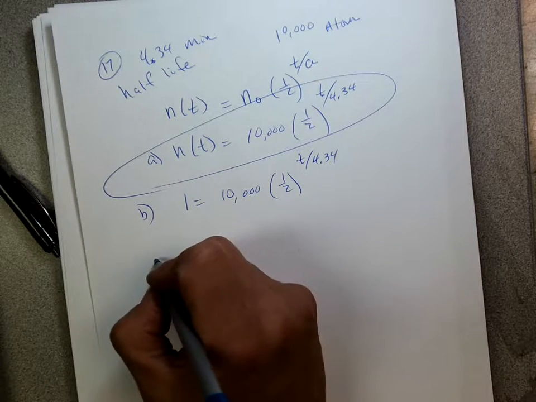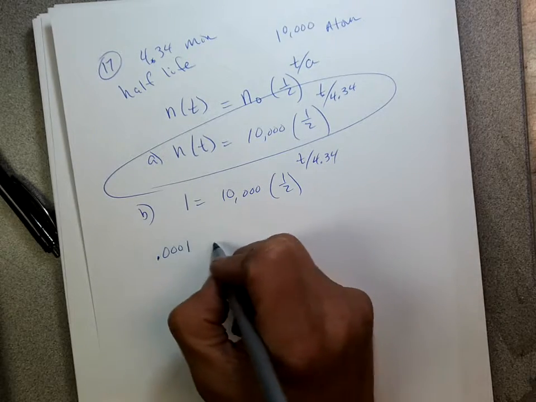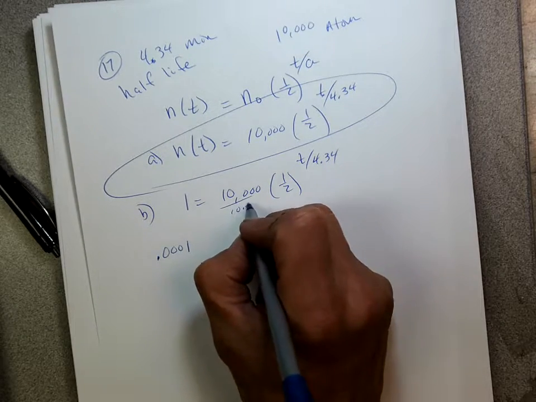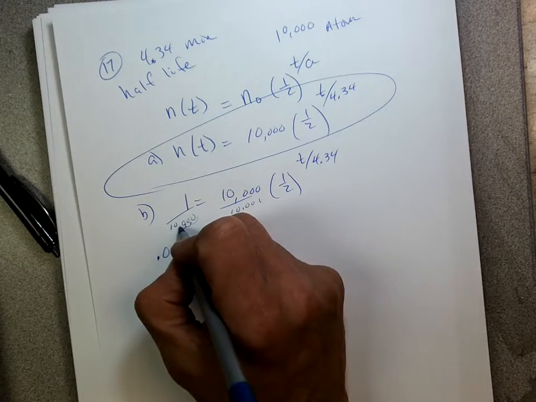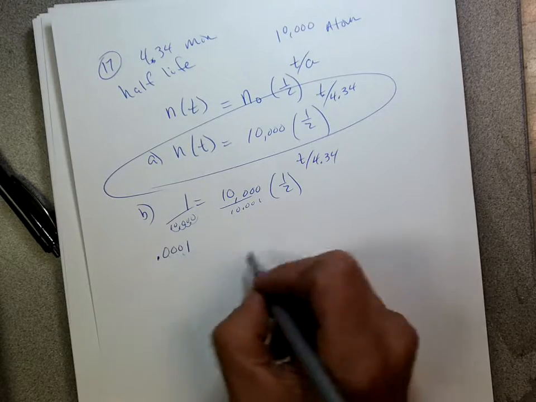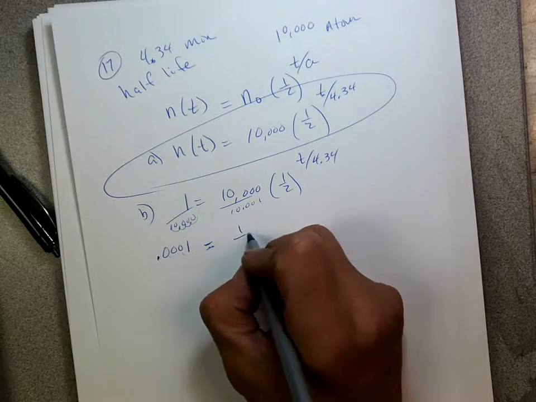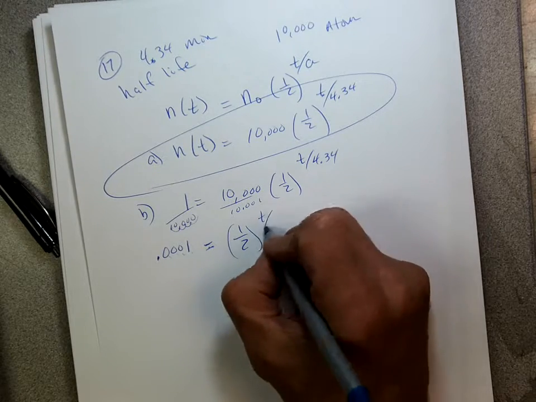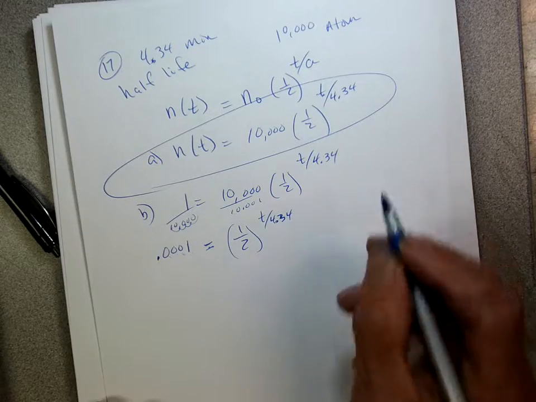So what we get is 0.0001 if we divide by 10,000. Four zeros, you can do it on your calculator if you don't believe me, equals 1/2 to the t over 4.34.